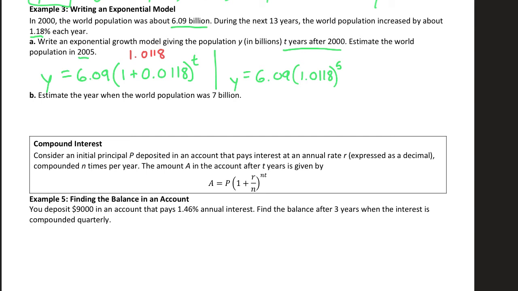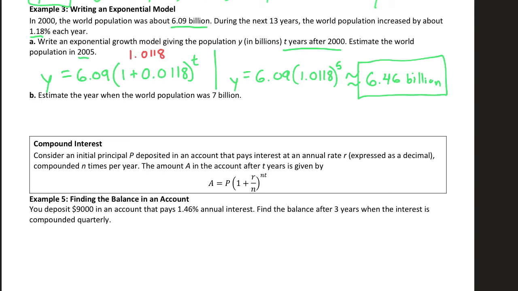So if we evaluate that for t being 5, and I'm going to use a little bit of approximation, rounding to 2 decimal places, it's about 6.46 billion people. So I get out 6.46, but I know that's in billions. The reason I plugged in 5 is because our function is for years after 2000. 2005 is 5 years after 2000, okay?